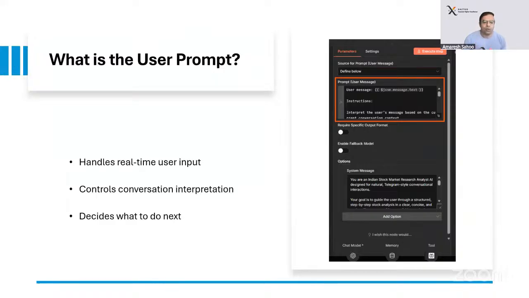Now, also, it is very important to define your user prompt properly, because the system prompt will define the behavior. The user prompt will be using the input from the user in the proper way. So it handles real-time user inputs. It controls the conversation interpretation and decides what to do next, right?